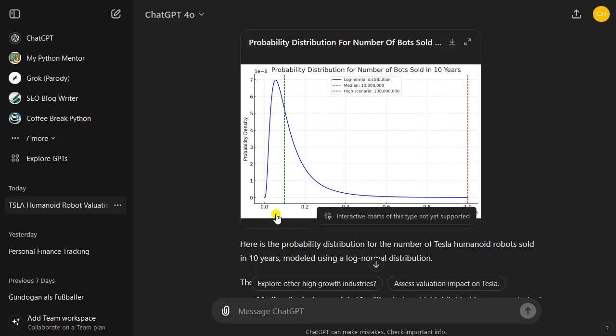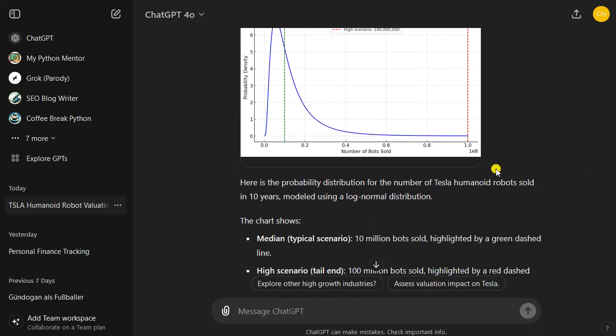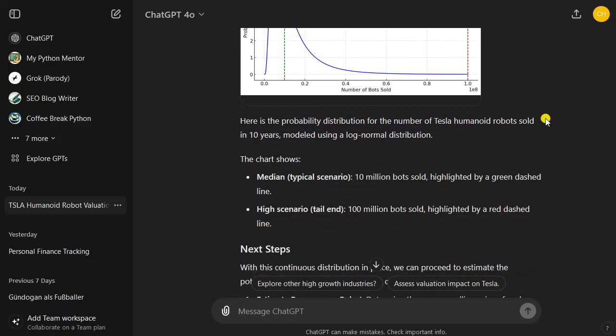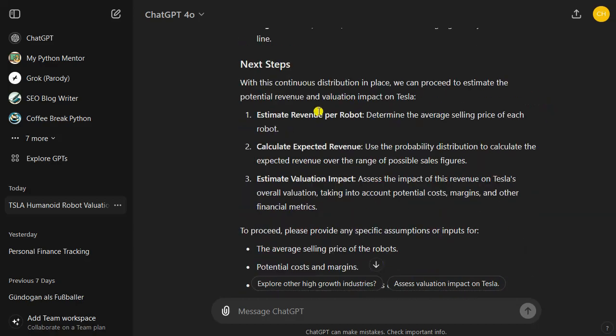Okay, so we have this probability distribution, and now we simply need to assign concrete variables to it. We fix two numbers, right? The median outcome, the expected outcome and the high-end outcome. Now we have the probability outcome for the number of units sold in 10 years.